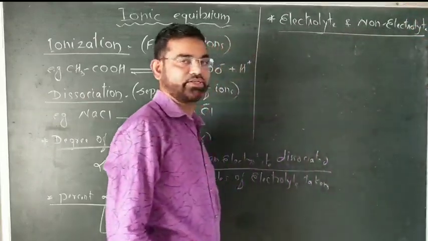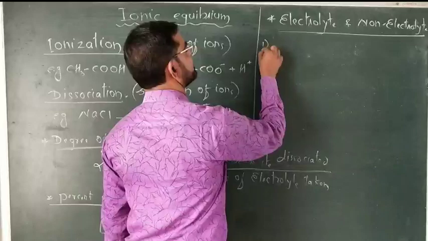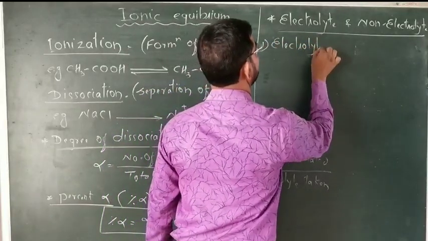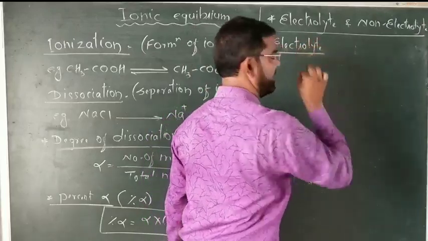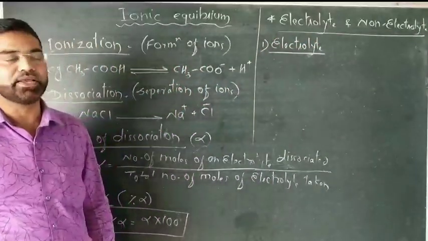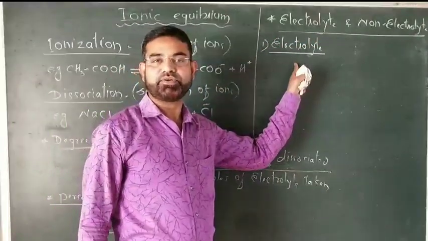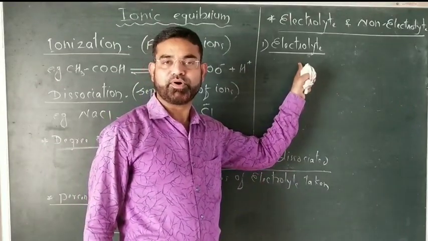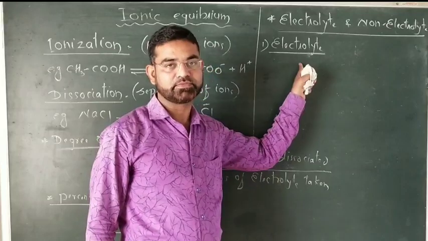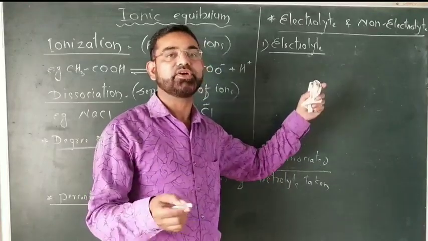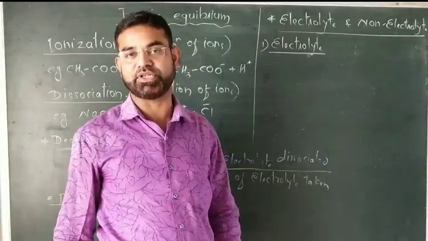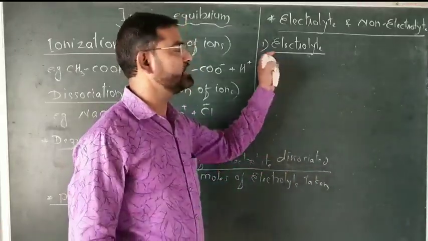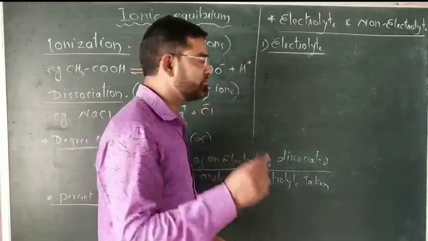Simply, the compound which dissociates or ionizes, or the substance whose aqueous solution or molten mass conducts electricity, is known as an electrolyte.